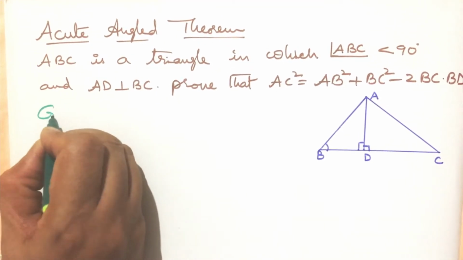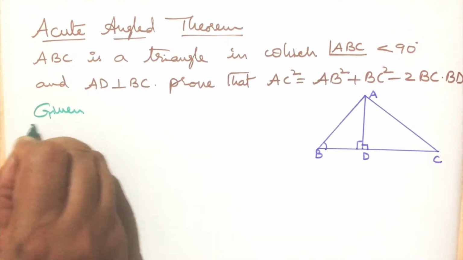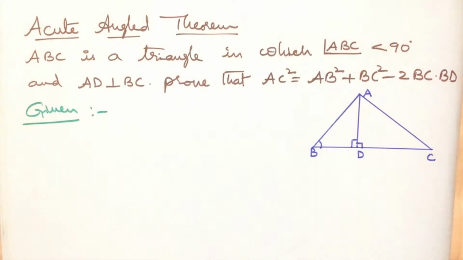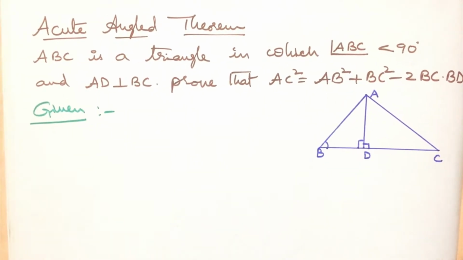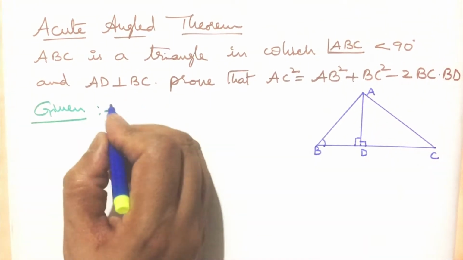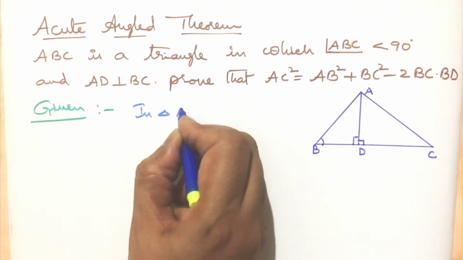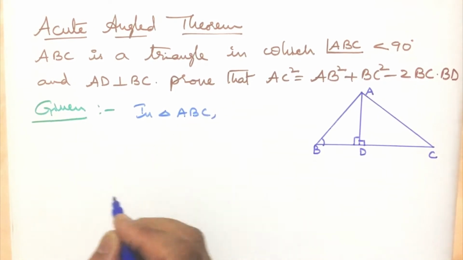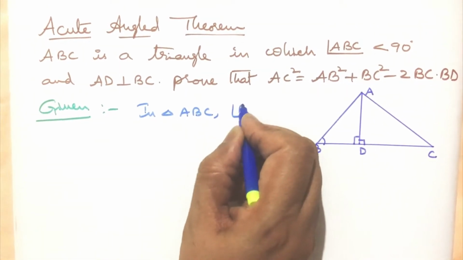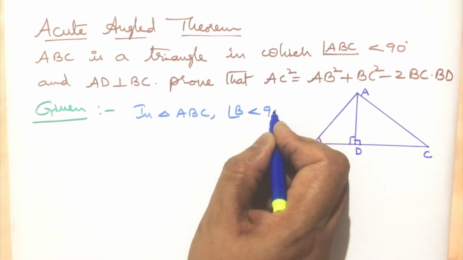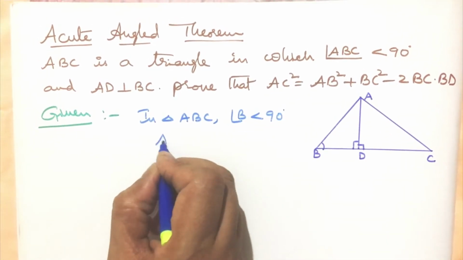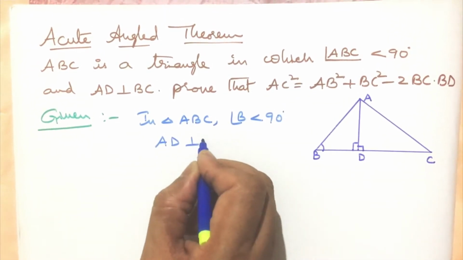What is given here? In triangle ABC, angle B is less than 90 degrees, and AD is perpendicular to BC.